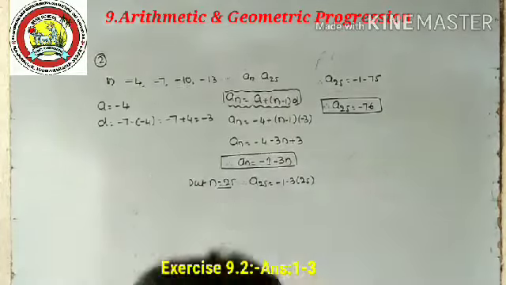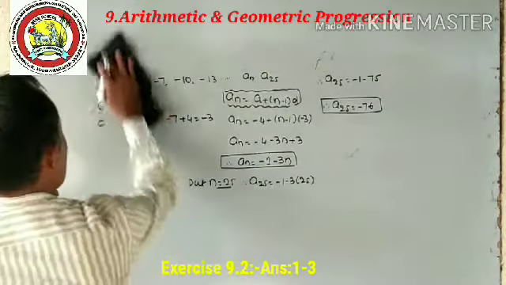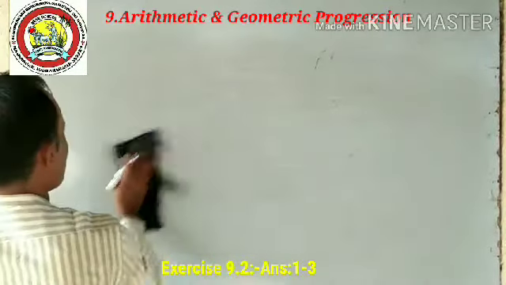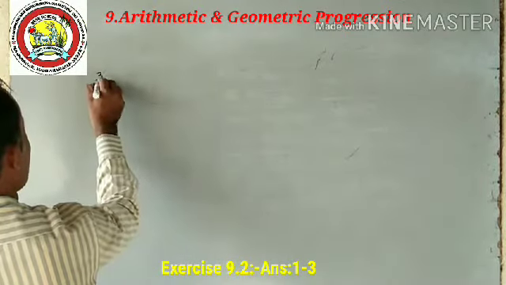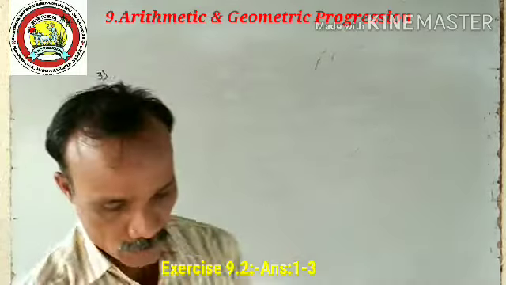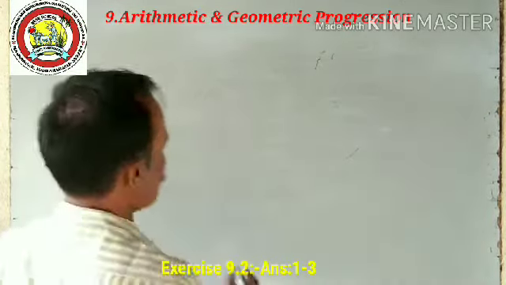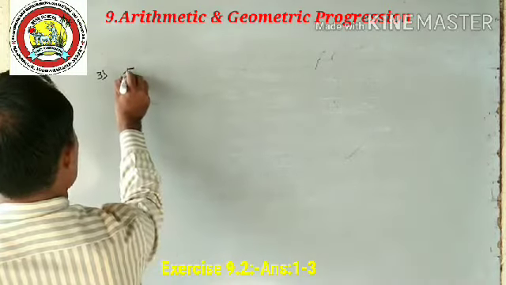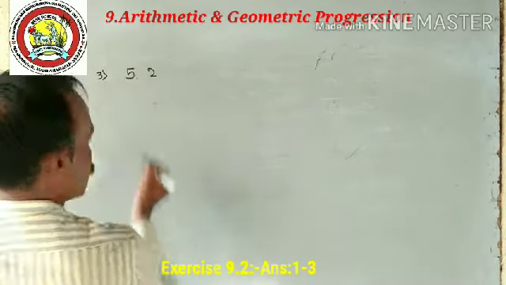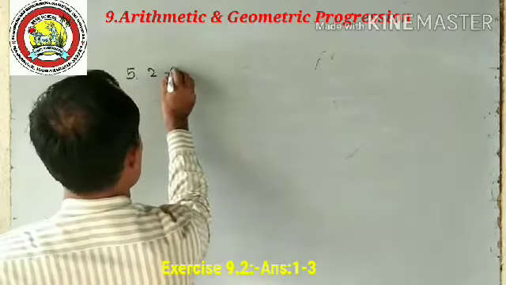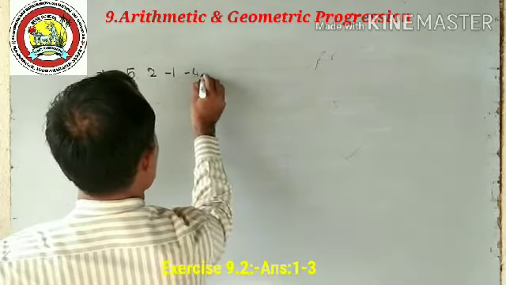Okay, let's see the third question. Question number 3: find the nth term and the 12th term of the list of numbers 5, 2, minus 1, minus 4.